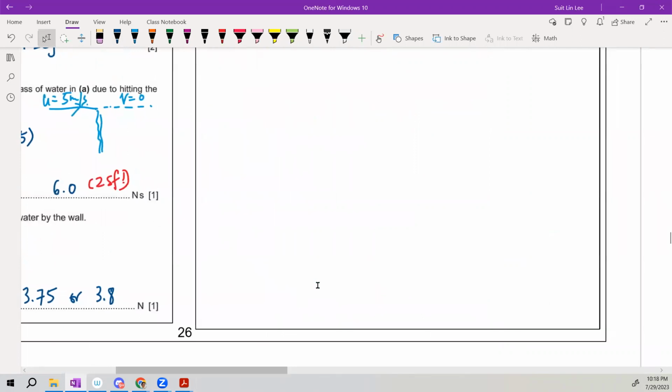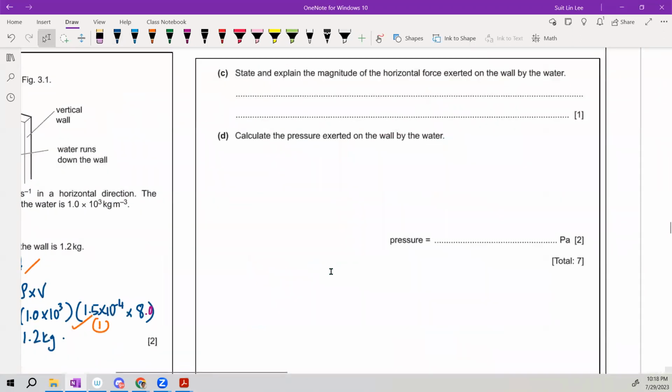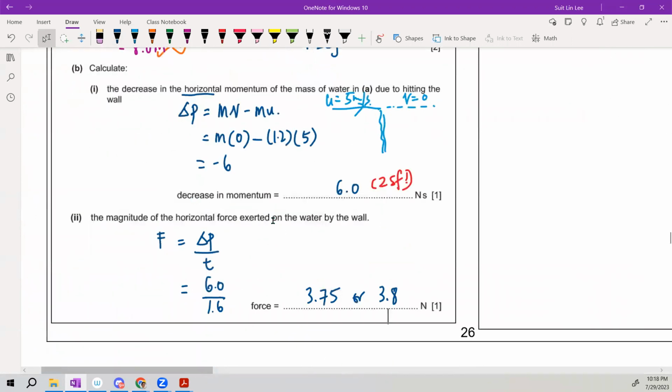Okay, so finally, force is change in momentum over time. This part is basically asking you to state and explain the magnitude of the force exerted on the wall by the water. So this is force exerted on the water by the wall.